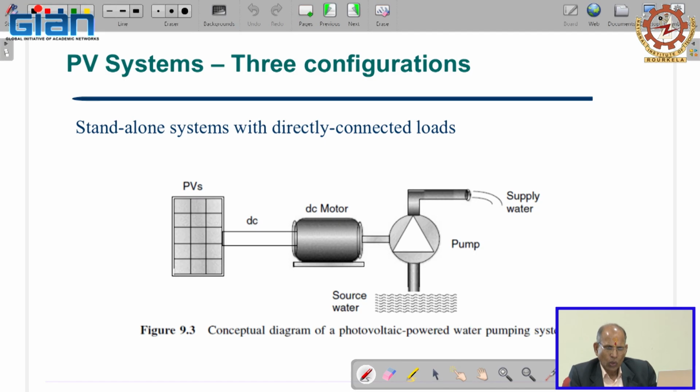Okay. So this configuration is like water pumping for irrigation application. Whenever we have sunshine, it will run the DC motor and we can use the water. It doesn't matter if moving clouds come and it stops for half an hour or 1 hour.